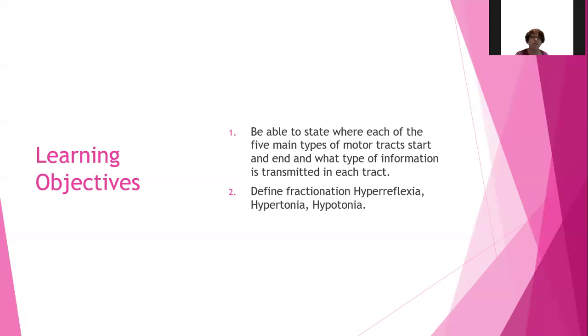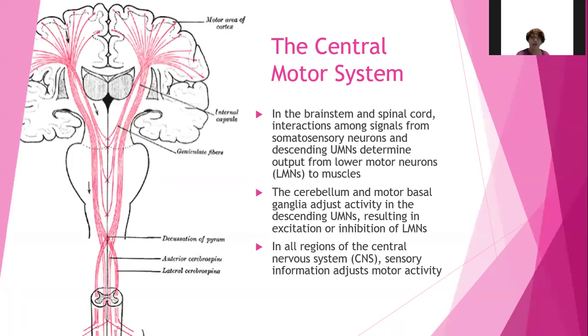Lower motor neuron pathologies tend to have hypotonia and hyporeflexia, so diminished reflexes and diminished muscle tone. With upper motor neuron issues, you tend to have the opposite. You tend to have extra strong reflexes and more tone than normal. We will talk about it.